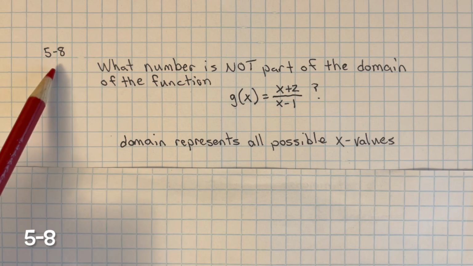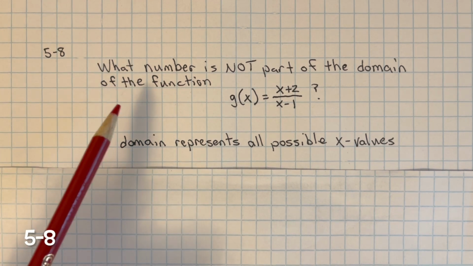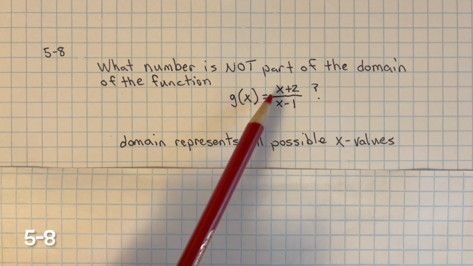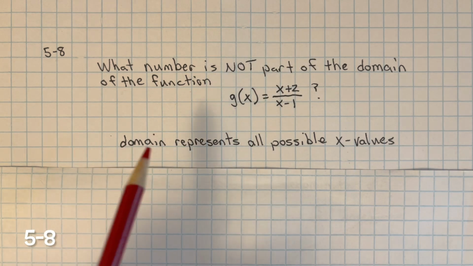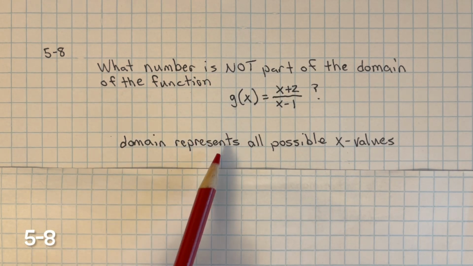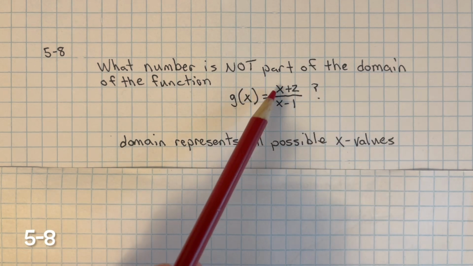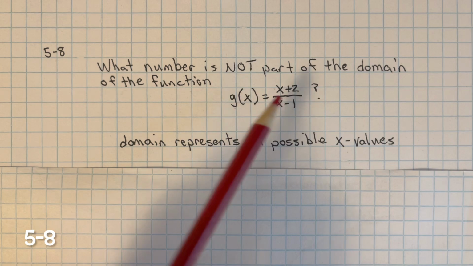Problem 5.8. What number is not part of the domain of the function g of x equals x plus 2 over x minus 1? Well, remember, domain represents all possible x values. So what values can we replace x with?